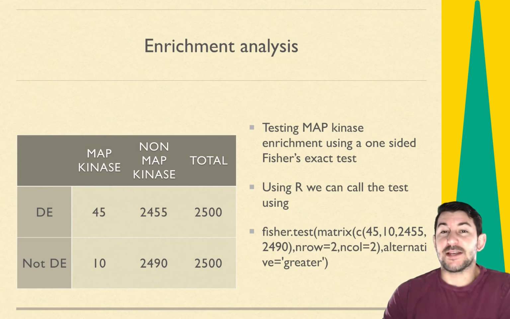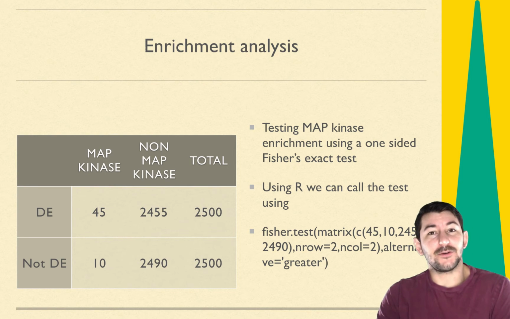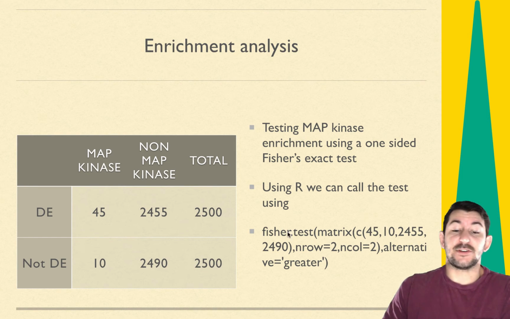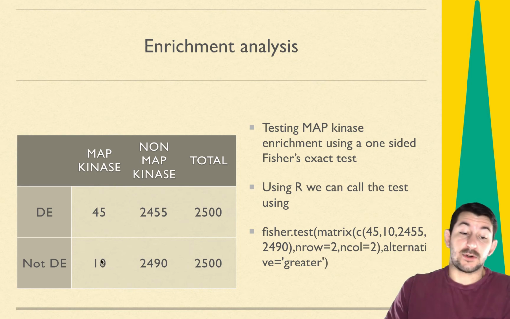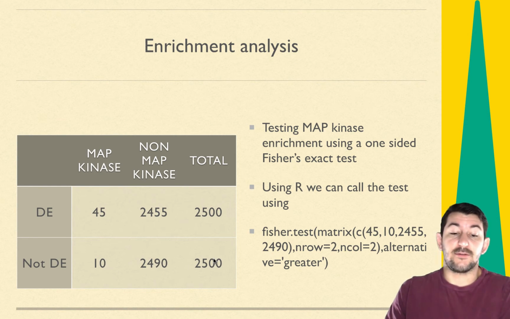So this is math you'll probably never have to do by hand, but if you wanted to, you could enact a Fisher's test within R, for example. In here, we're building a table that looks like this with MAP kinase, non-MAP kinase genes, and then total genes. So differentially expressed, there were 45 out of 2,500. And for MAP kinase that were not differentially expressed, there were 10 out of the remaining 2,500.